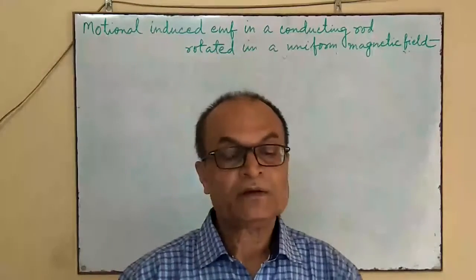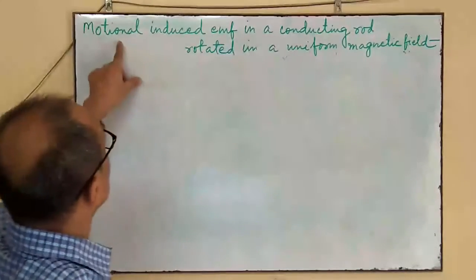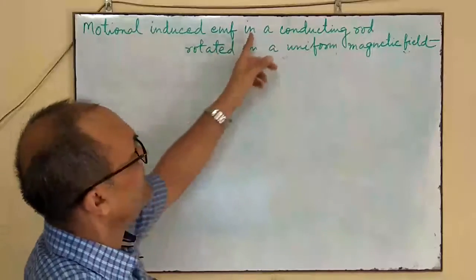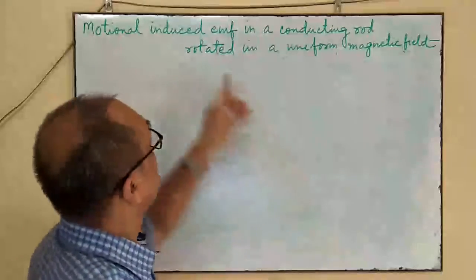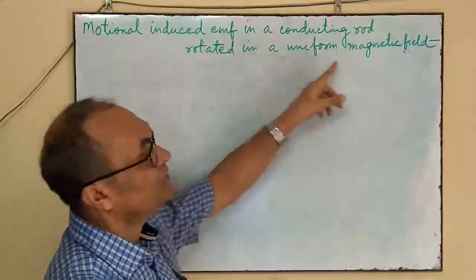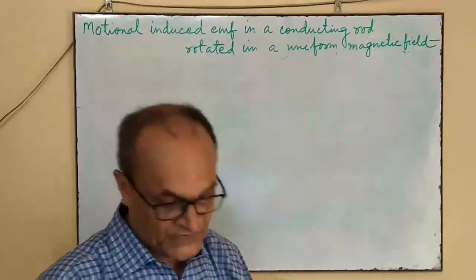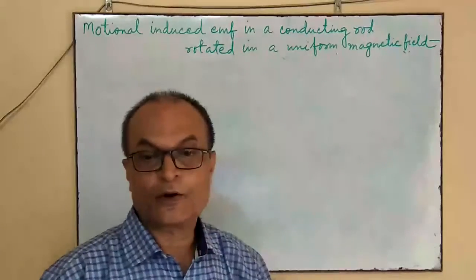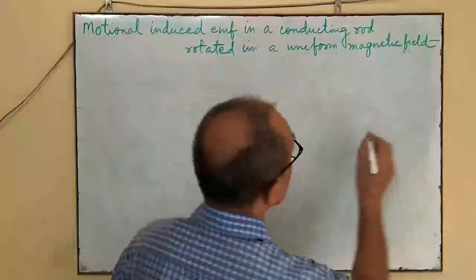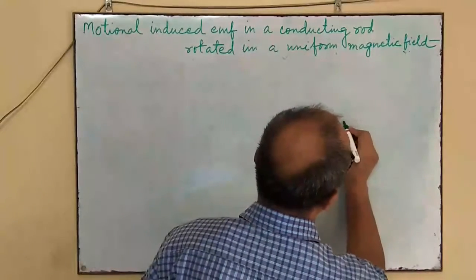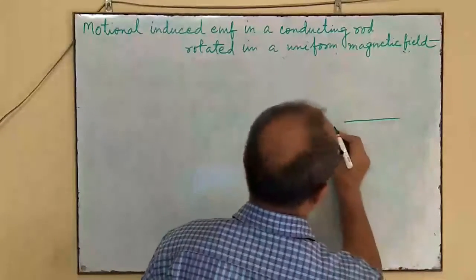Now today's topic is motional induced EMF in a conducting rod rotated in a uniform magnetic field. So let us consider here a rod, a conducting rod. This is PQ.